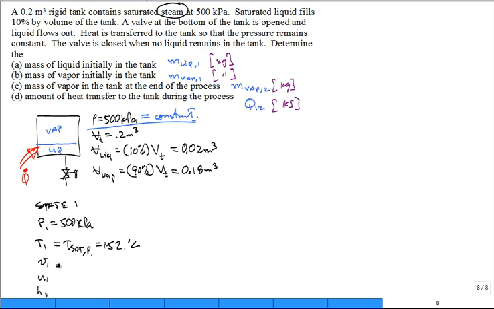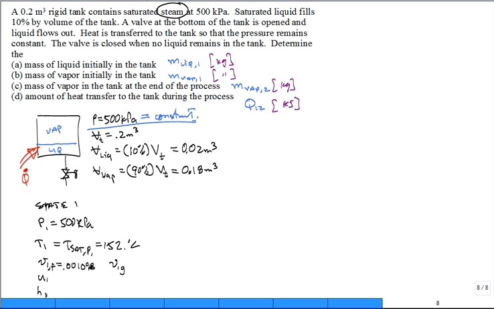What about the specific volume? Well, we have two specific volumes. We have the specific volume of the saturated liquid. We have the specific volume of the saturated vapor. True? So what's the specific volume of saturated liquid? 0.001093 meters cubed per kilogram. Okay, fine.